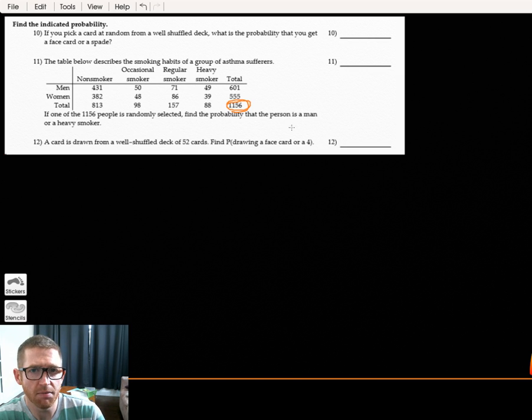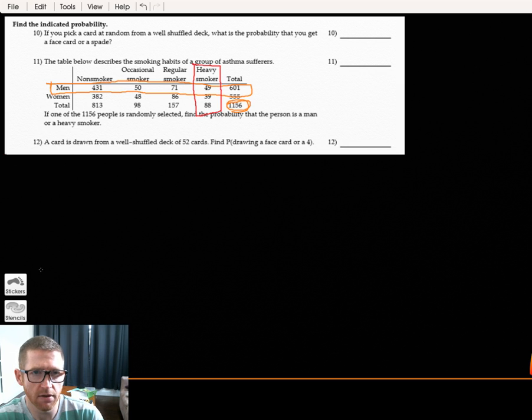We want the probability that the person is a man, so all the men are here: 601 men. Or a heavy smoker. The heavy smokers are all here: 88 total.